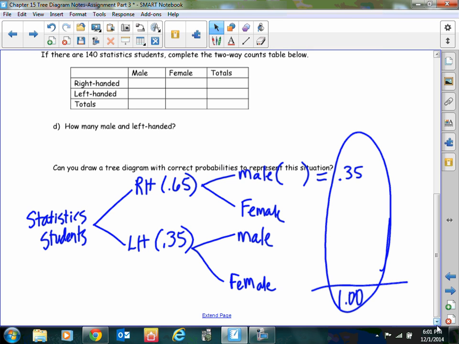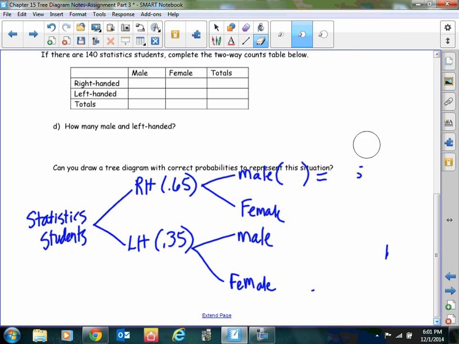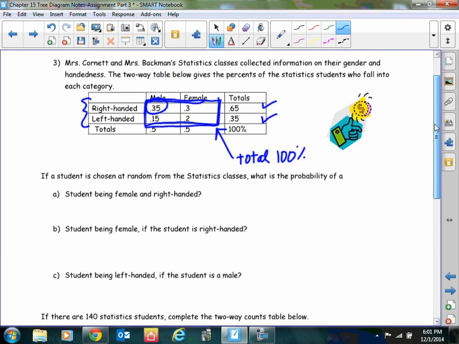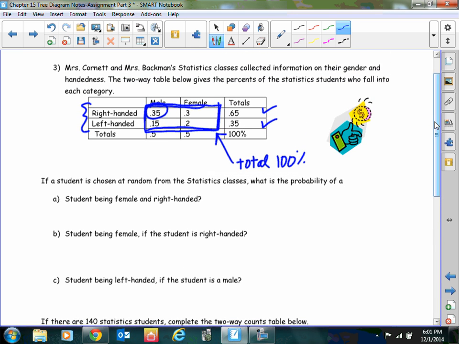All right, so then let's fill in the other portions here, and then we'll backtrack to what's missing. This percentage rate, when you multiply 0.65 times whatever that female rate is, you end up with 0.3.